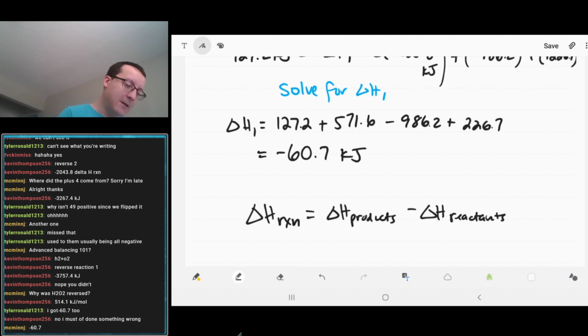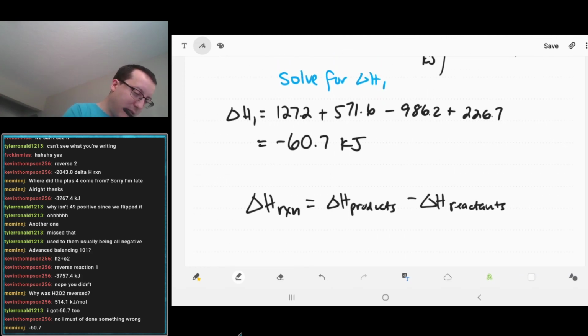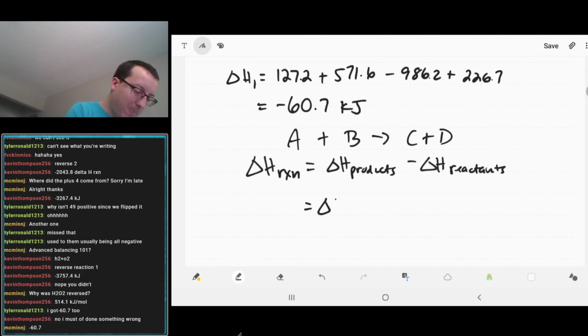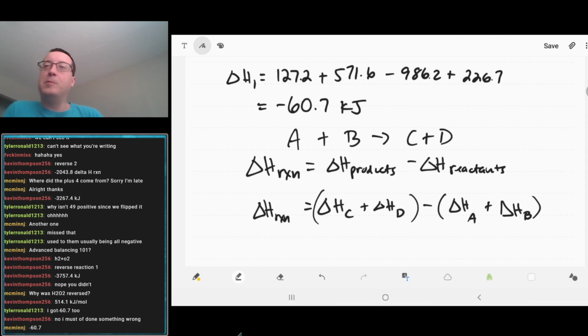Oh well. And so, for a reaction with, here's a random reaction. This equation, or formula rather, since you people love formulas, I do too.